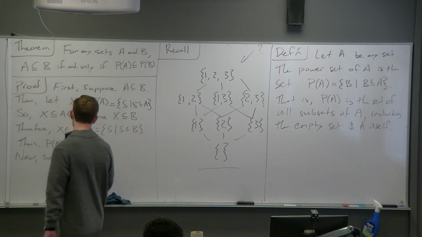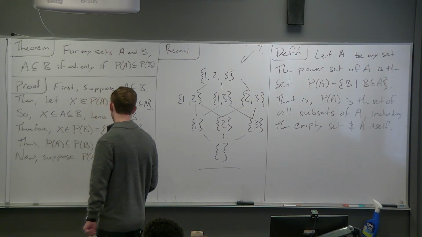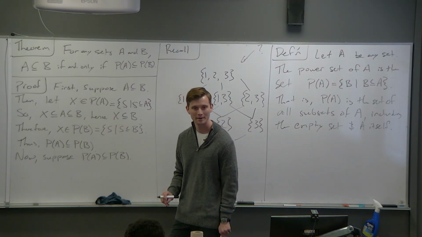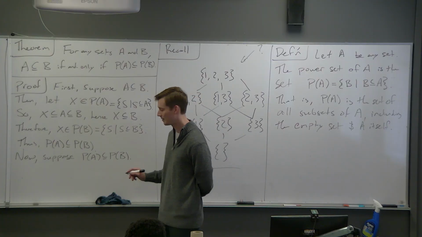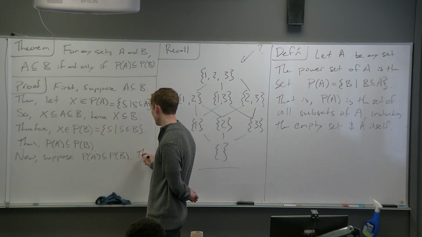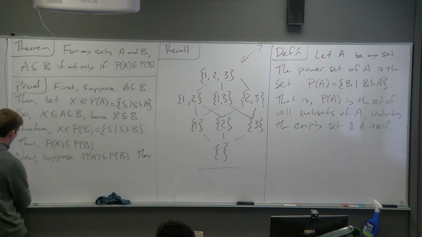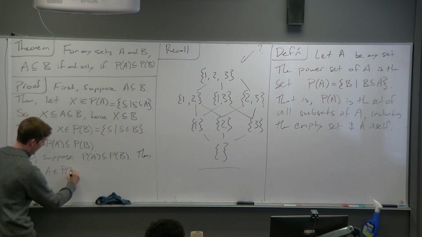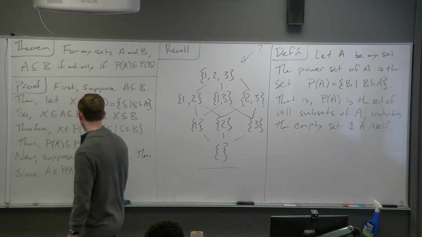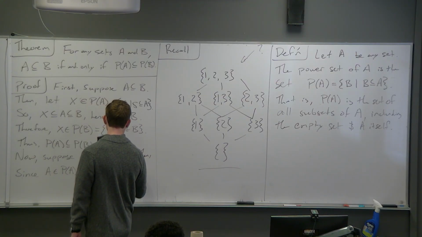Now suppose that the power set of A is contained in the power set of B. Okay. What will we do to get back? Then, since A is in the power set of A, it is in the power set of B as well.